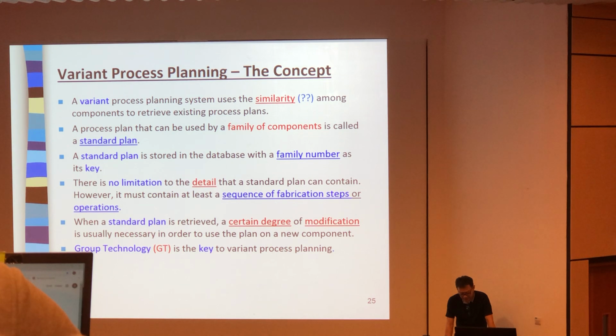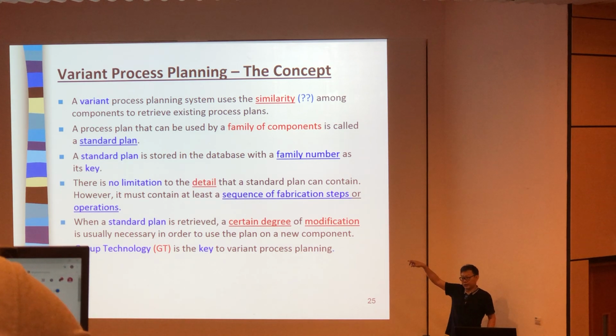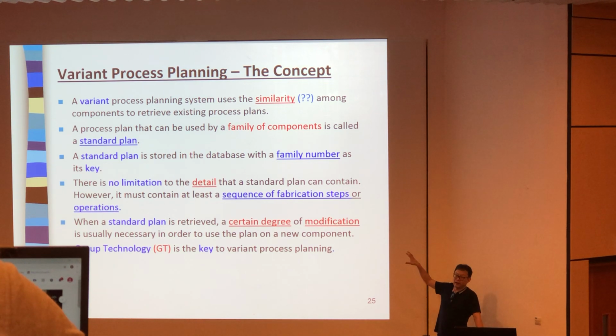Variant process planning uses similarity among components to retrieve existing process plans. So the precondition is you do have a production history. This is another branch I actually left out when we talked about the application of GT. So this is another major application of GT.